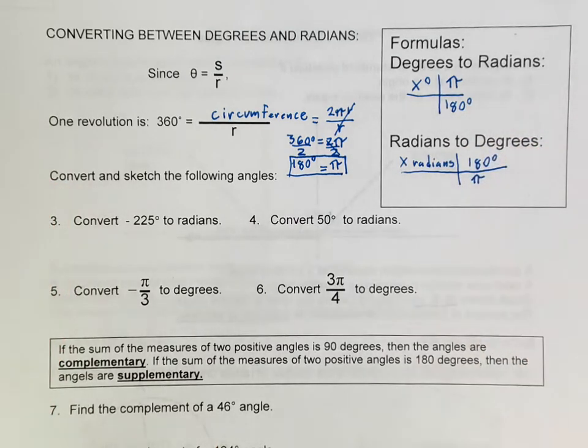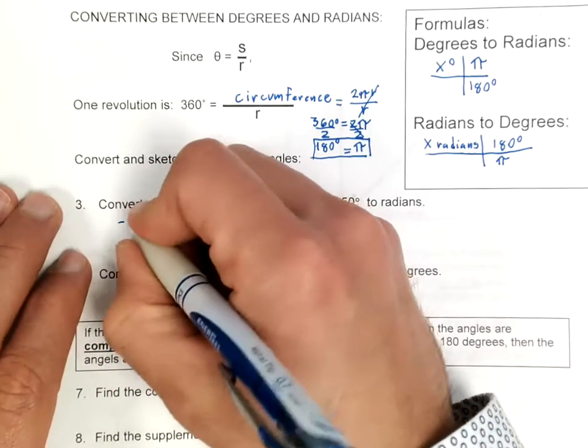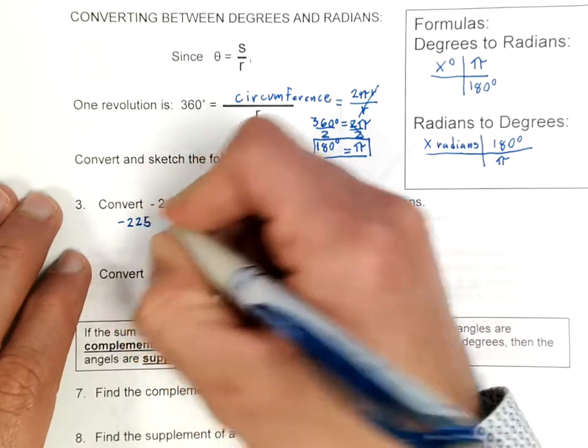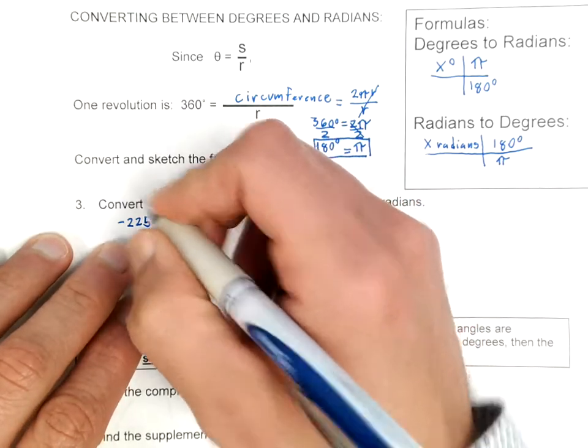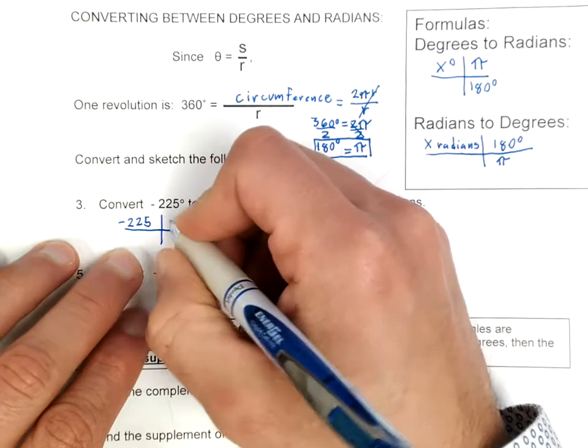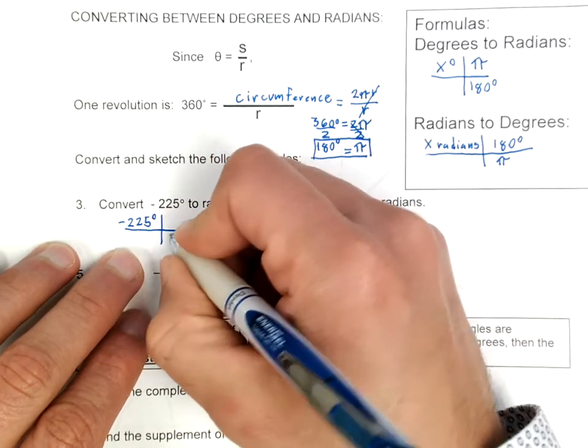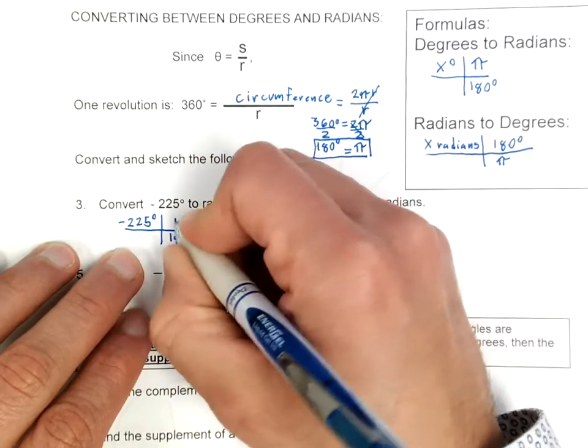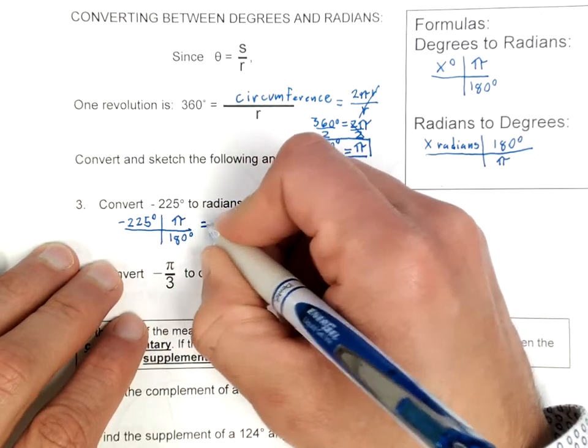All right, so let me give you an example. If we have negative 225, which remember would be going clockwise, and I'm just going to put this as degrees, so I have 180 on the bottom here, and I have pi up here.